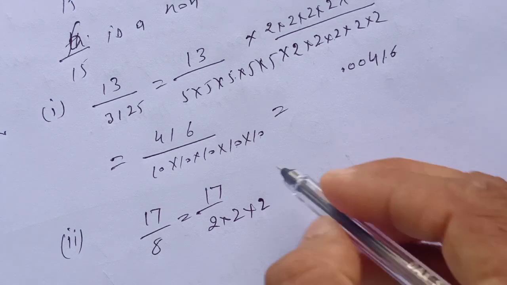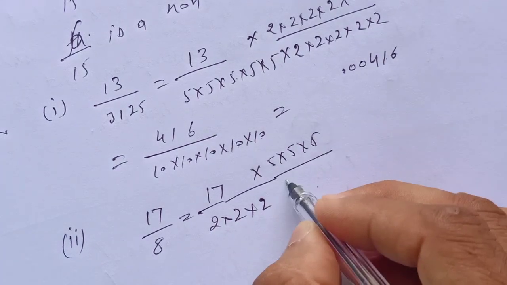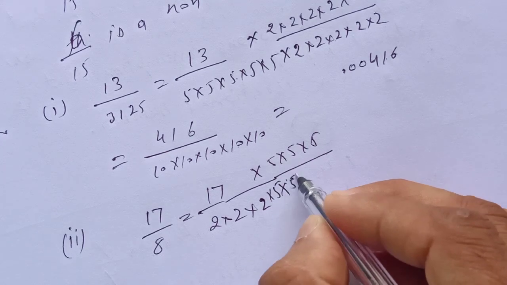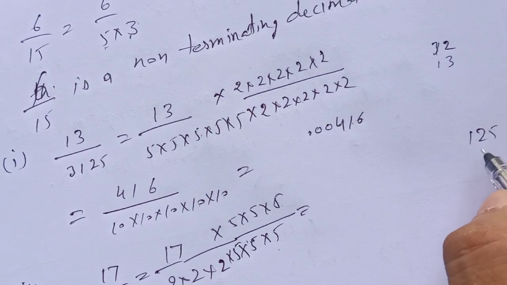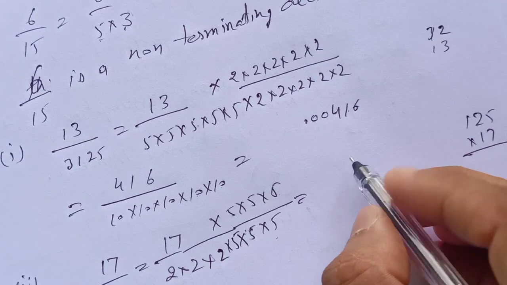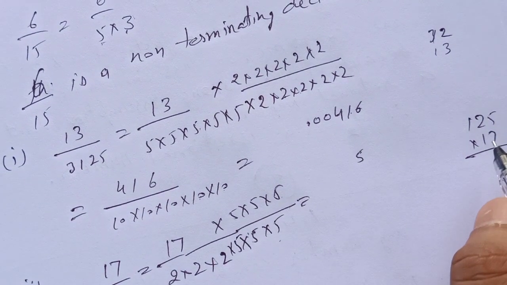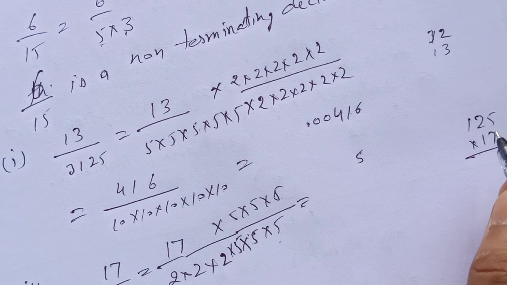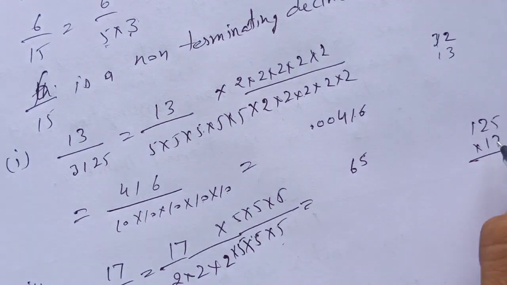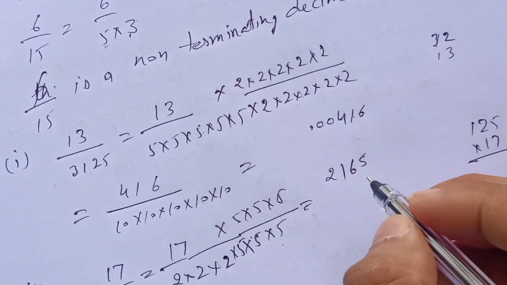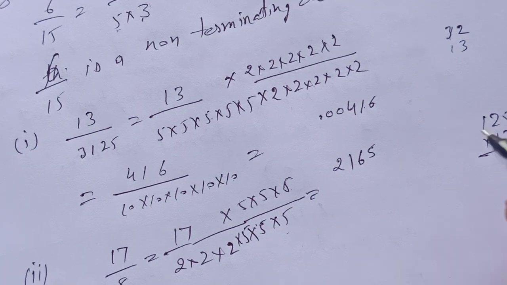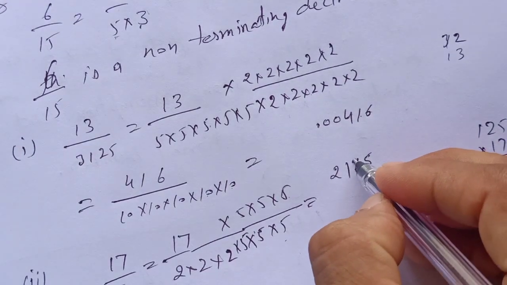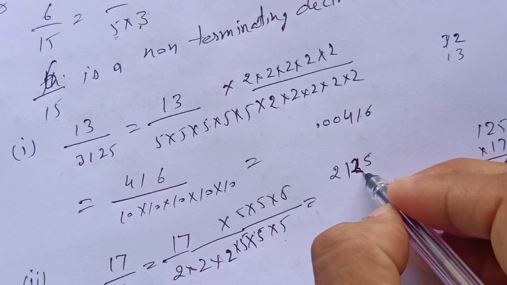Again, if we divide this by 8, it's a long process, so we multiply and divide by 5 into 5 into 5, which is 125. 125 multiplied by 17: 17 fives are 85, 17 twos are 34, 34 plus 8 is 42.